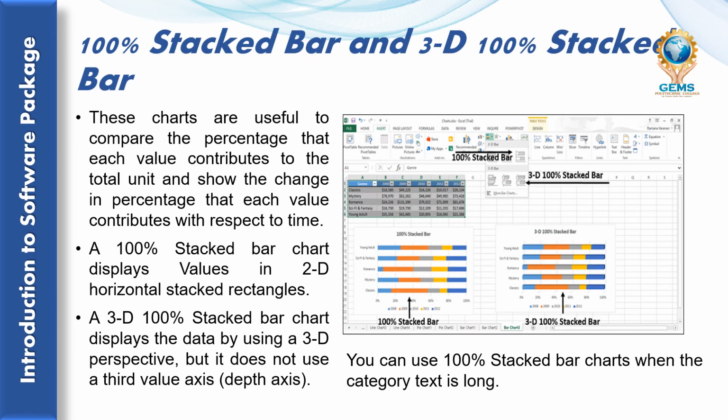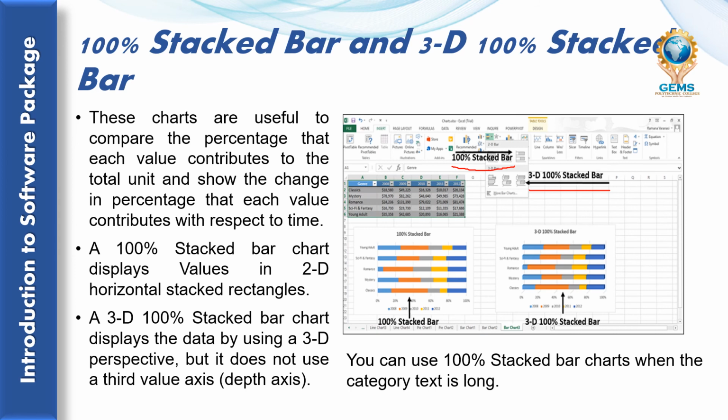100% stacked bar and 3D 100% stacked bar. These charts are useful to compare the percentage that each value contributes to the total unit and show the change in percentage that each value contributes with respect to time. So the 100% stacked bar and the 3D 100% stacked bar are the third subtype of the bar chart.